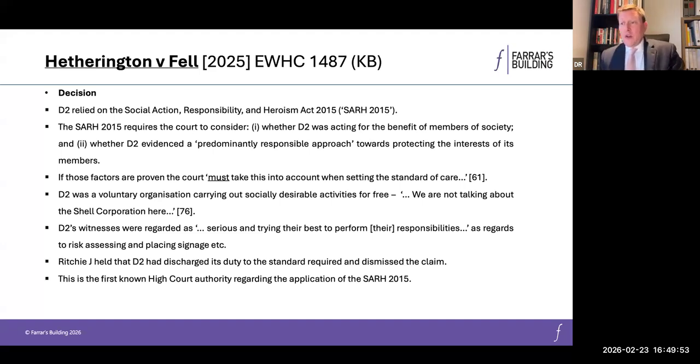And in this case, the court emphasised that the standard of care placed upon voluntary organisations shouldn't be so high that it would discourage their activities. And there was also a causation point in this case as well.